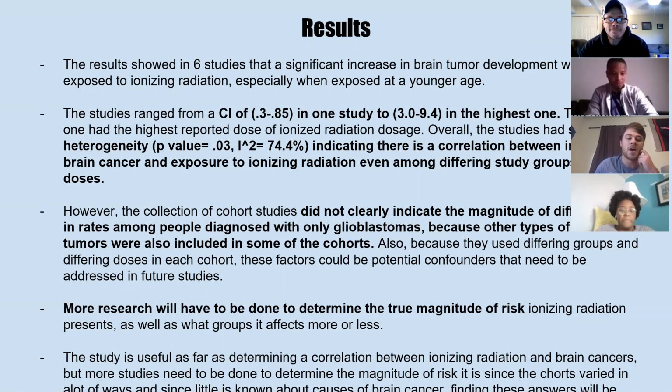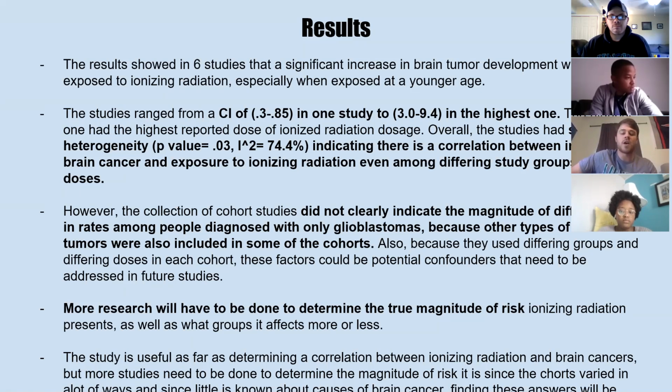But the downside of this is that they used 8 different studies that weren't all done at the same time. They just collected data from studies that were already done. Their definitions of exposures and doses differed a lot, and the groups of people sampled also differed, so that hindered them from determining differences among populations of people.